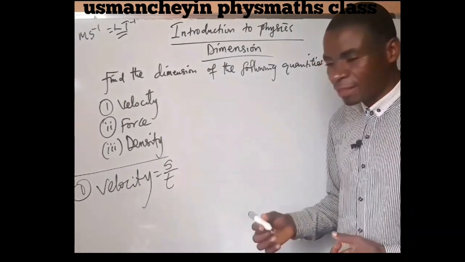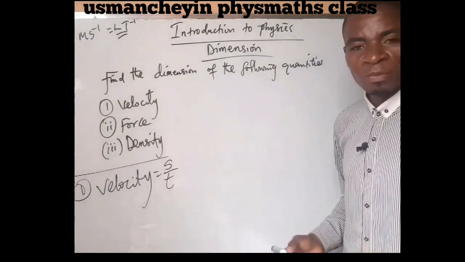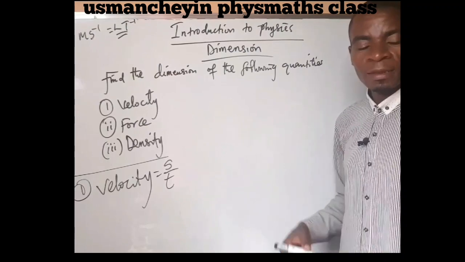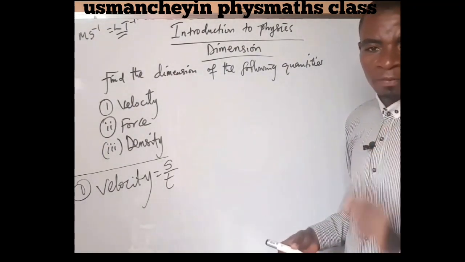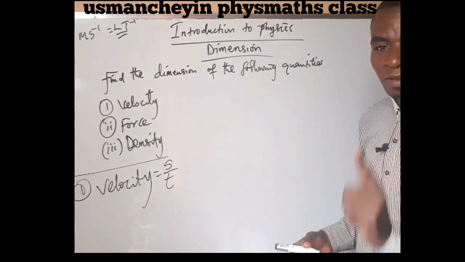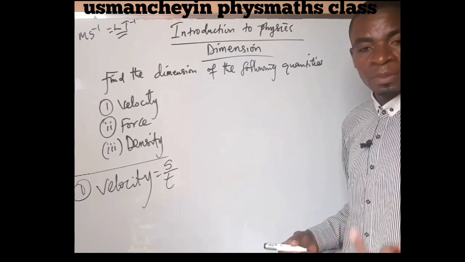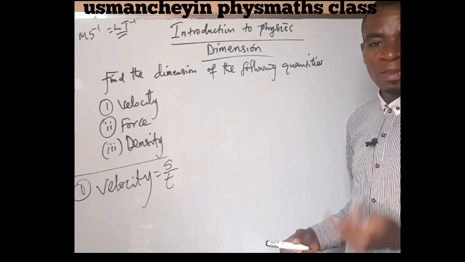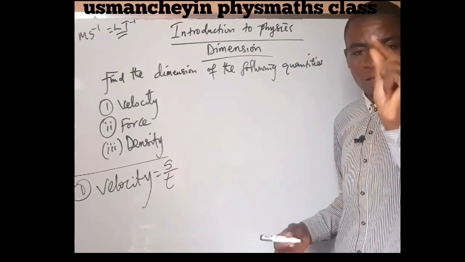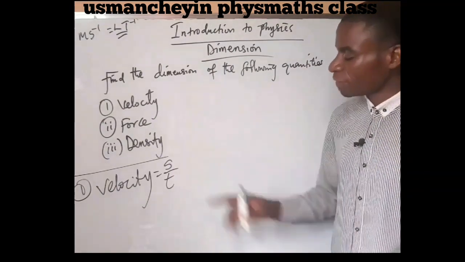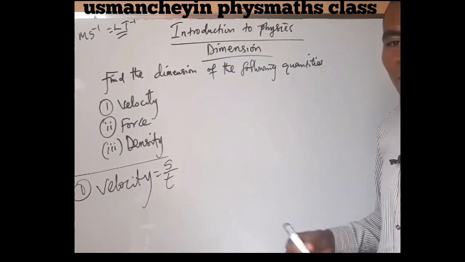In my last video, I said that distance, displacement, length, height, breadth, all of them, their dimension is L. So if this is distance or displacement, then the dimension is L.